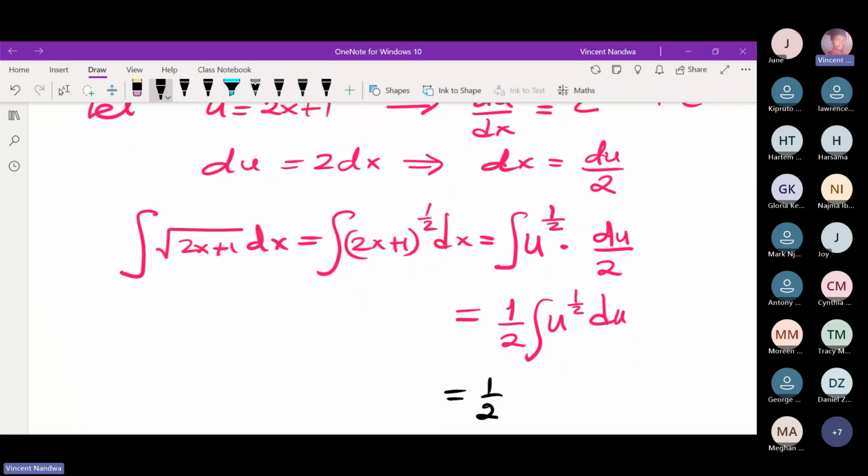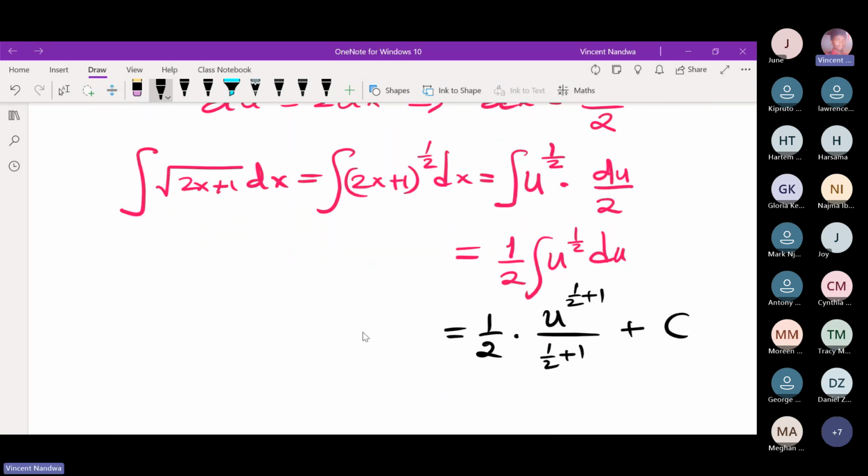So this will be a half times u power half plus 1 over half plus 1, then plus c. So 1 plus a half is 3 over 2. So what is the reciprocal of 3 over 2?